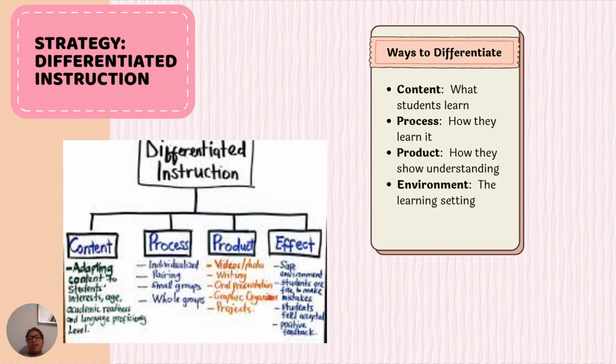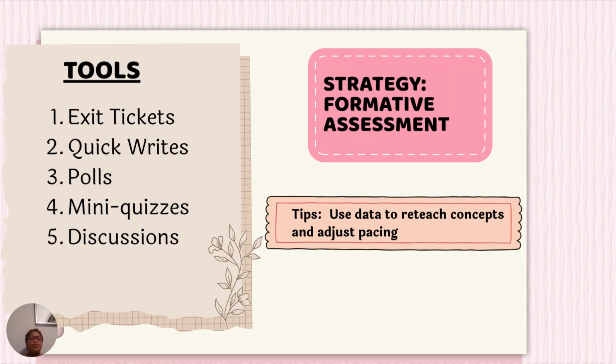So our first strategy again was cooperative learning. Our second strategy is differentiating our instruction. So our next strategy is formative assessments. Now, this is something that I know each and every person is probably doing in their classroom. There are so many different tools to use when using effective formative assessments.